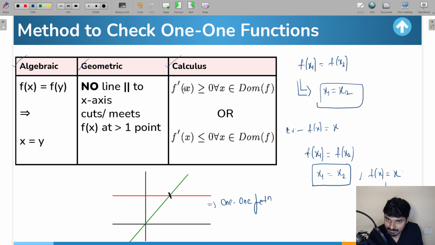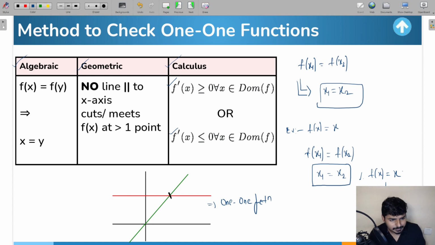If it satisfies either of these conditions, we can definitely say that the function is going to be a 1, 1 function, guys. So indirectly what I'm telling you is to check whether the function given is an increasing function or a decreasing function in the given domain. If it is increasing or decreasing, the function is definitely going to be a 1, 1 function.